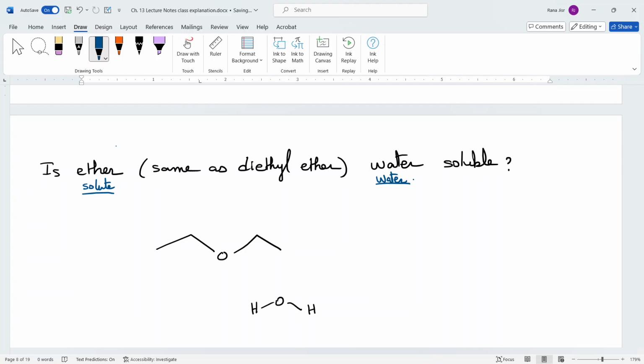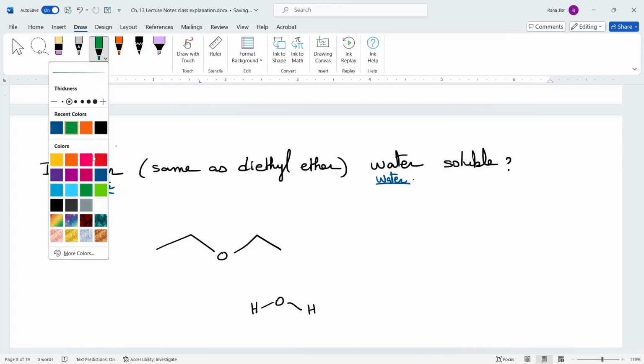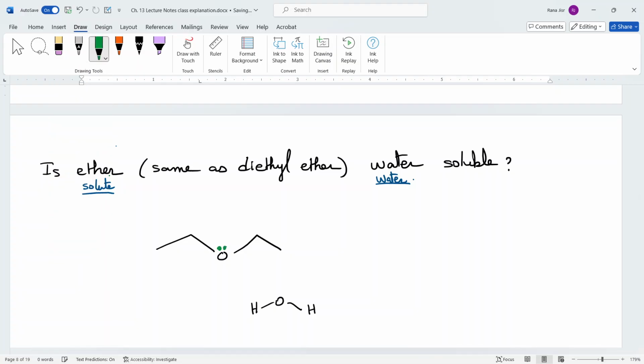And actually I do, because I can have my electronegative element. I'm going to use the hydrogen from the water in this case. So hydrogen connected to the electronegative element needs to bond with an electronegative element. These are the conditions for hydrogen bonding.